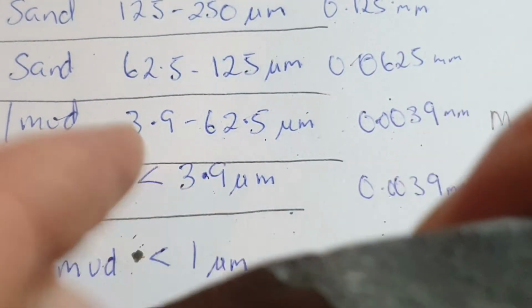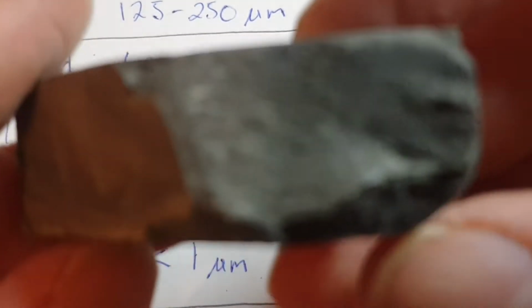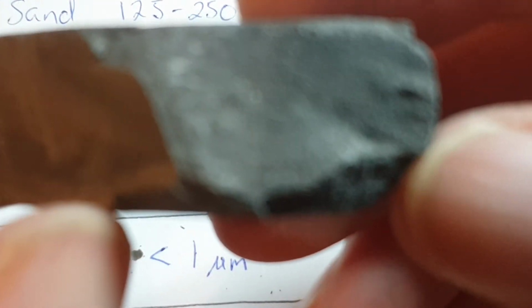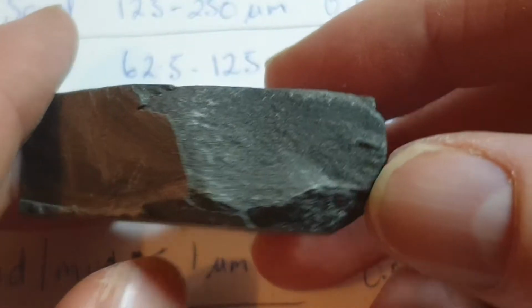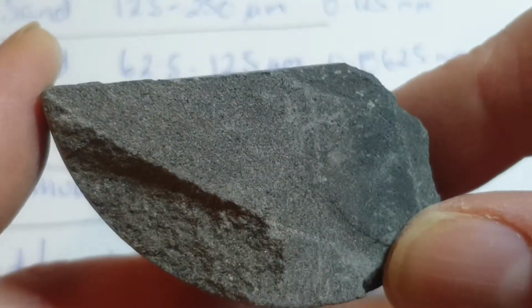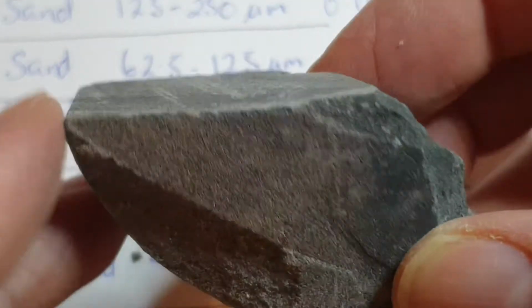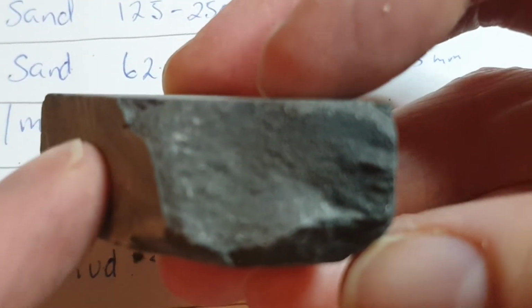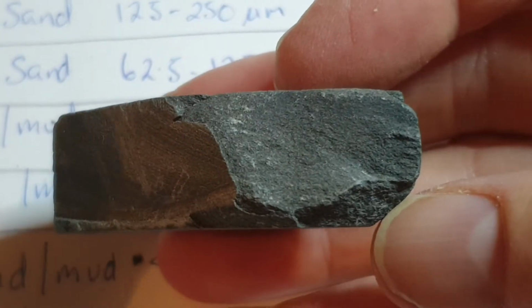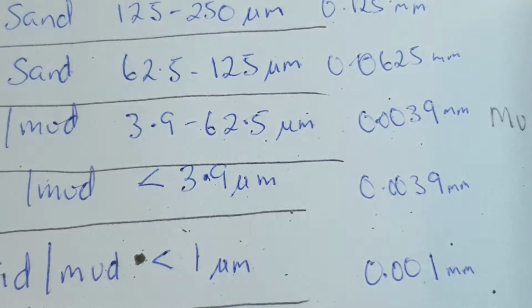So if we look at silt, 3.9 to 62.5 microns. So that means that this one will be classed as a mudstone. Or if you want, instead of using mudstone, because mud is a very generic term, you can call it a siltstone because of the size of the grains.